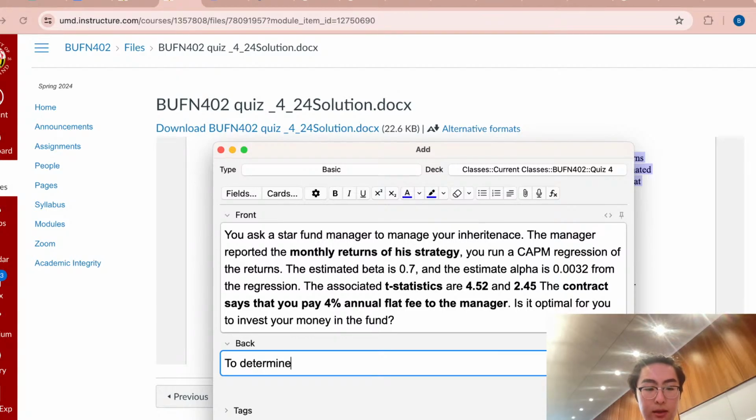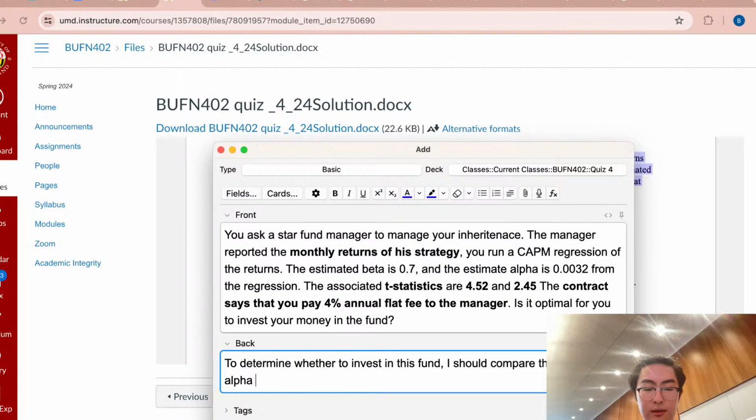To determine whether to invest in this fund, I should compare the annual alpha with the annual flat fee.